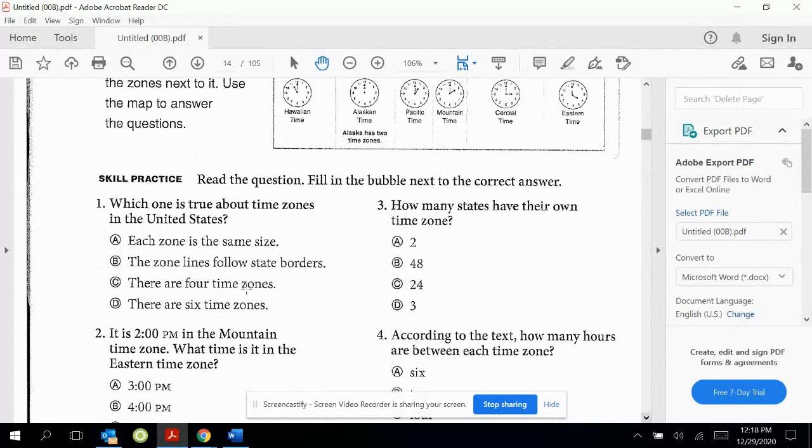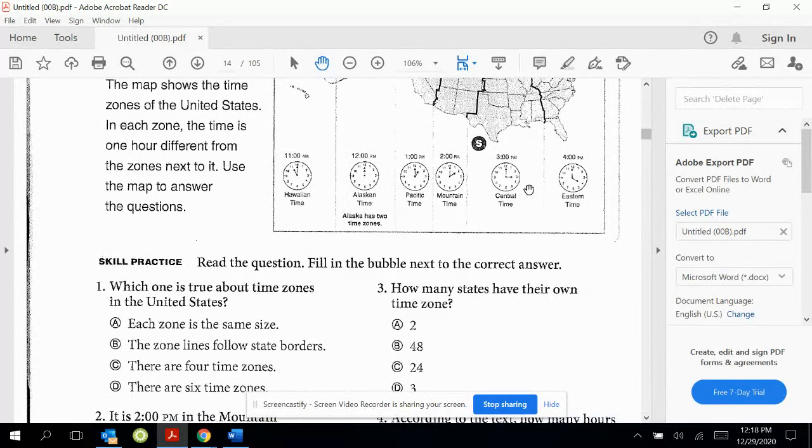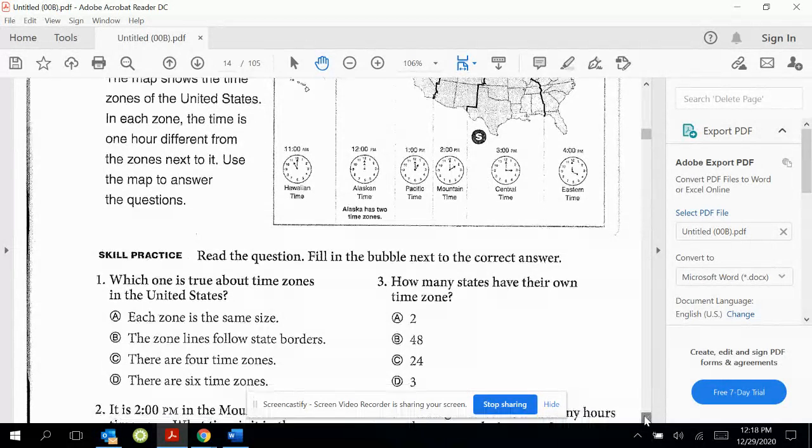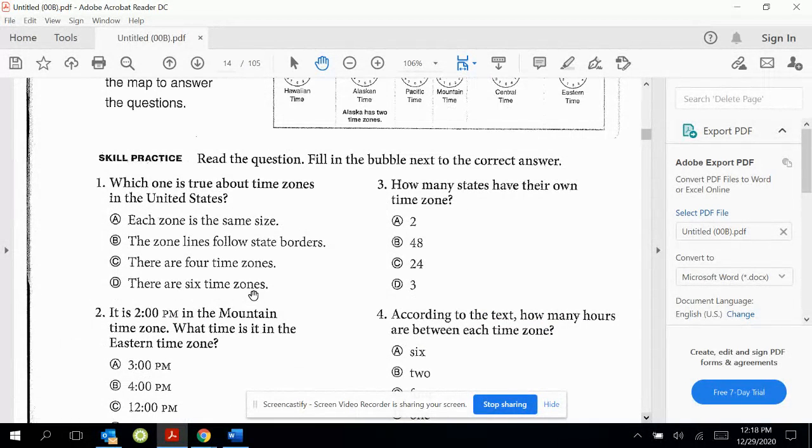There are 4 time zones. Does it show 4? 1, 2, 3, 4, 5, 6. There are 6 time zones. What's the best answer? Number 2, it is 2 p.m. in the Mountain Time Zone.